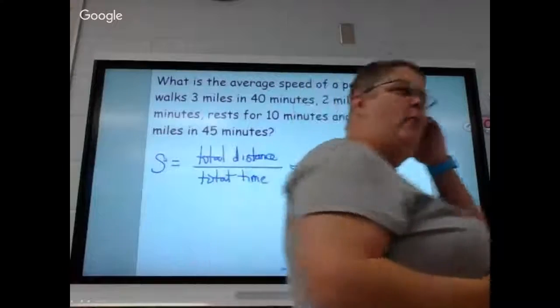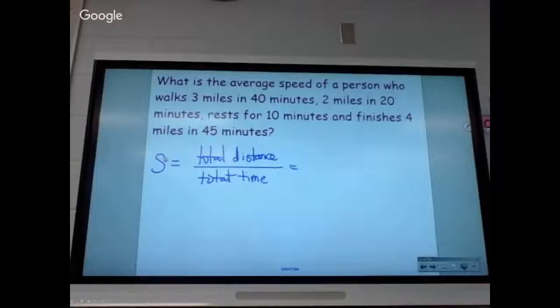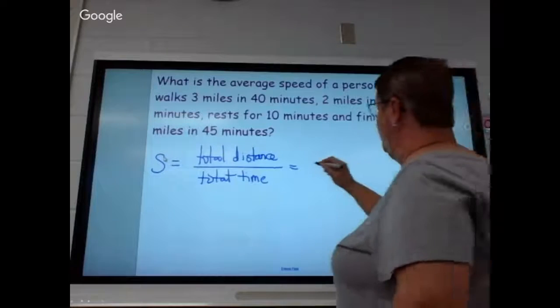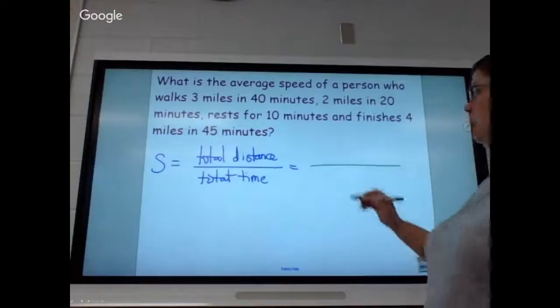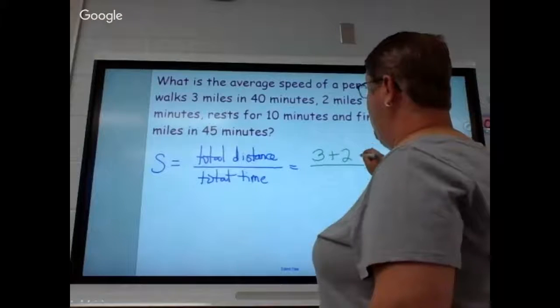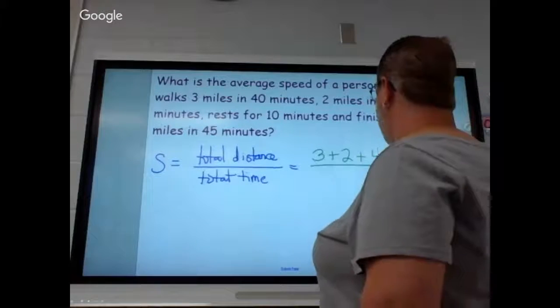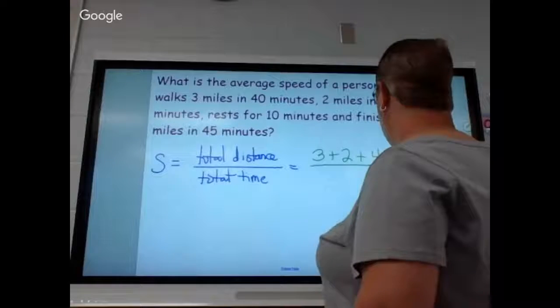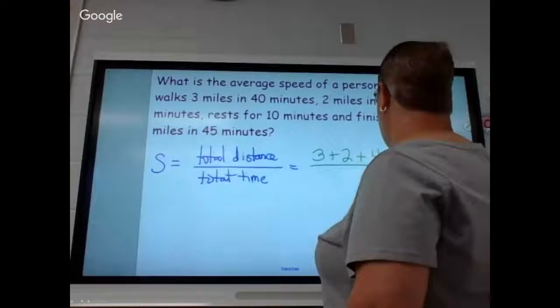So we're gonna add up what? The distances. So what are the distances that we're going to add up to put on the top? 3 miles. Okay. 3 miles plus 2 miles plus. Okay. So he went a total of 9 miles.